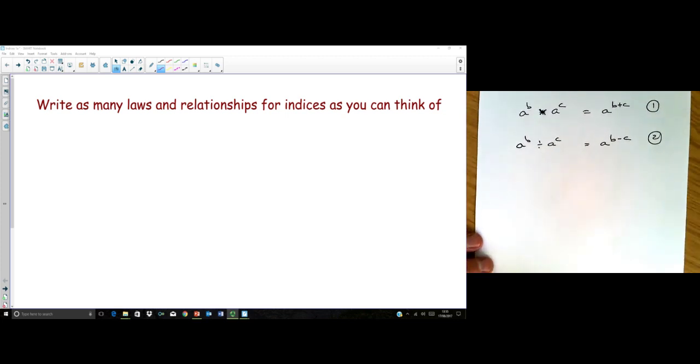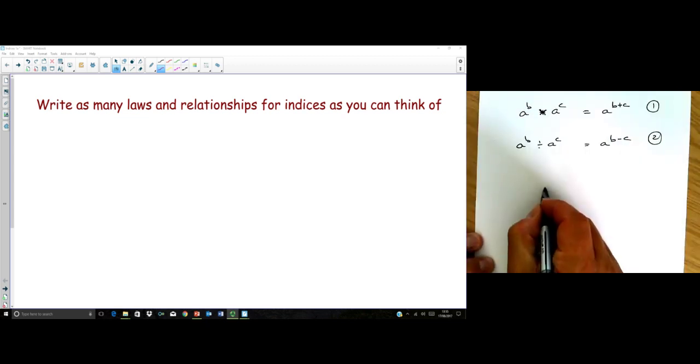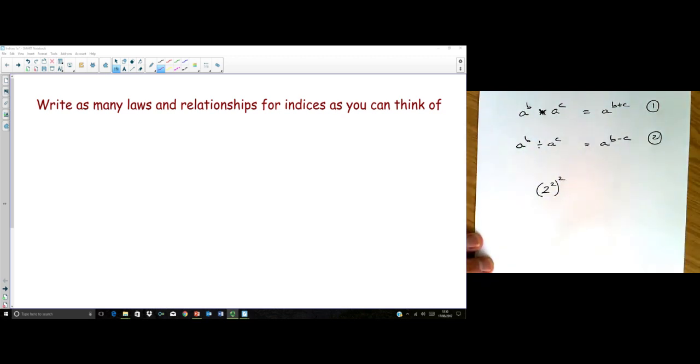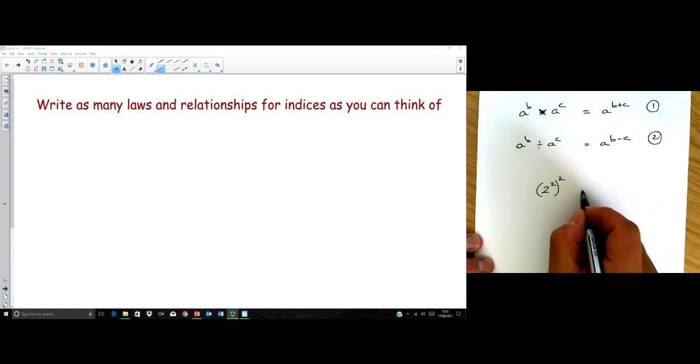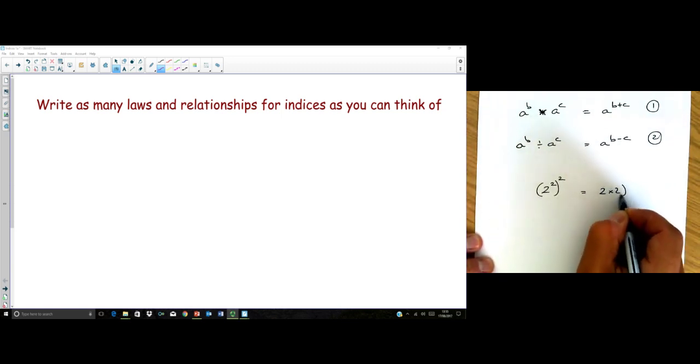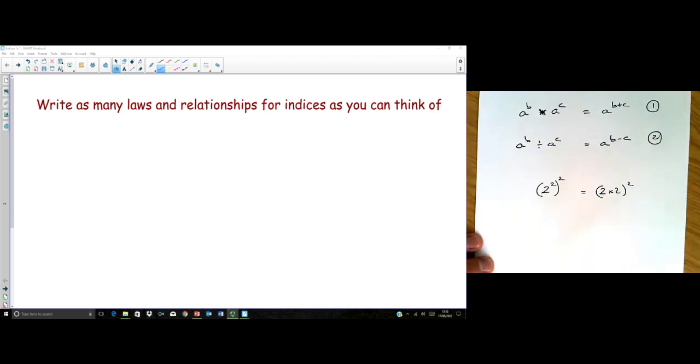Now our third law is to do with when we raise a power to another power. So let's say we have 2 to the power 2. We want to raise it to another power 2 outside the bracket. So we're going to raise the whole of 2 to the power 2 by 2. What this means is essentially that you're squaring it.